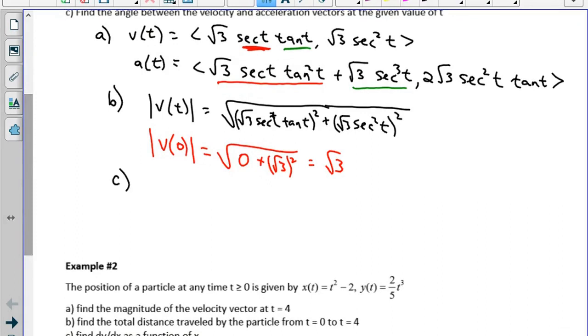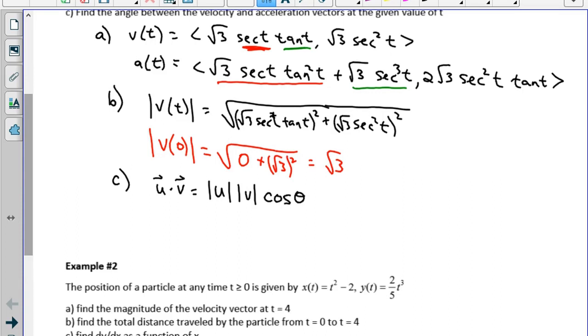Part C. In order to do part C, to find the angle between the velocity and acceleration vectors at the given value of t, since t is 0, that's actually going to make this problem pretty easy, but we have to know that the dot product is equal to the x components multiplied together and the y components multiplied together, or it's also equal to the magnitude of u times the magnitude of v times the cosine of the angle between them.